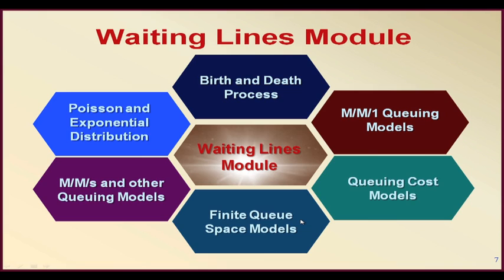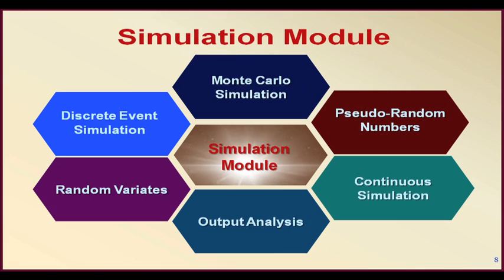And finally, we shall look into the queuing cost models as well as what is known as queuing networks. In the third topic, simulation, three types of simulation we shall broadly cover: the discrete event simulation, the Monte Carlo simulation and the continuous simulation.